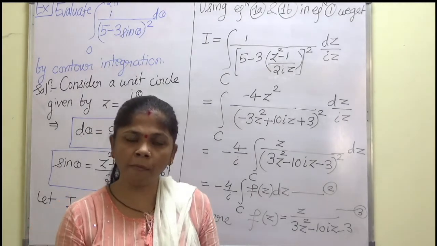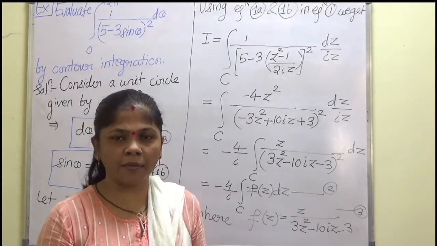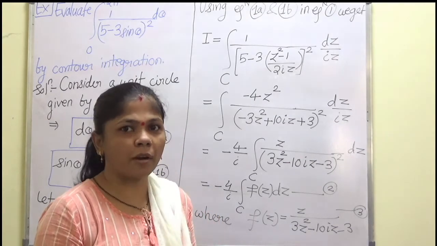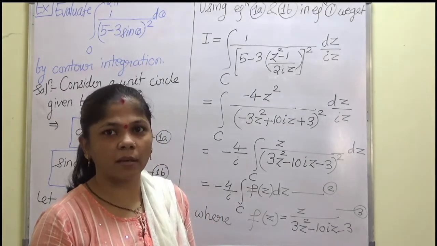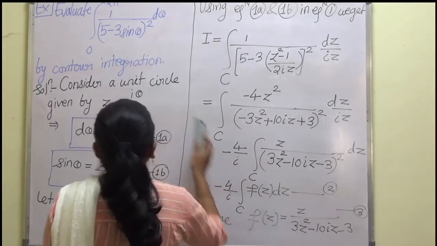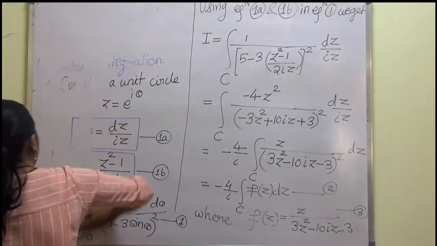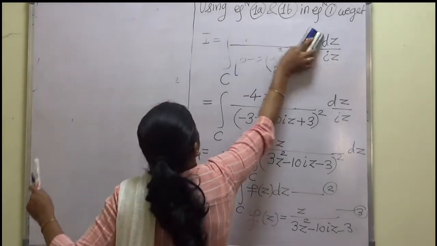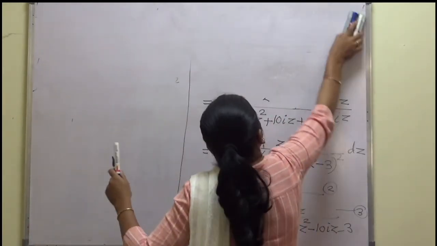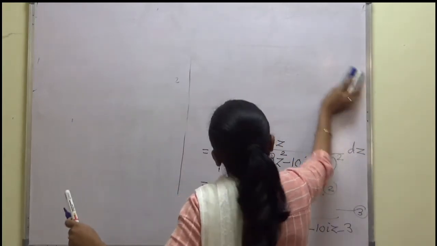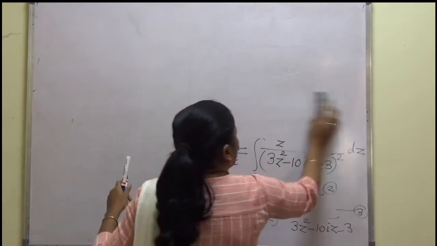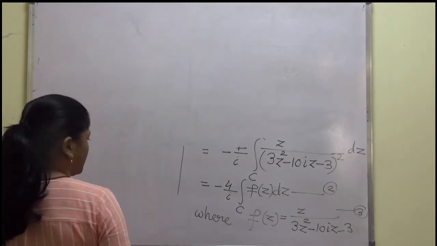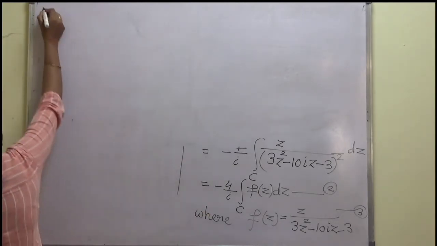For the Cauchy residue theorem, we require the residue at the pole which is lying inside C. So let us first find the pole which is lying inside the circle C. So we have to find out the pole of this f of z. So therefore, let us find the pole.